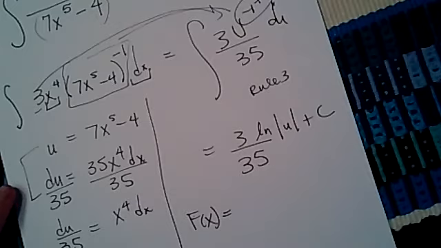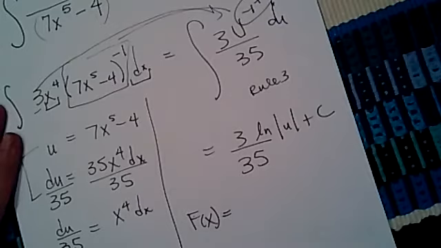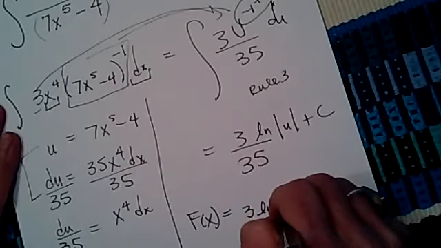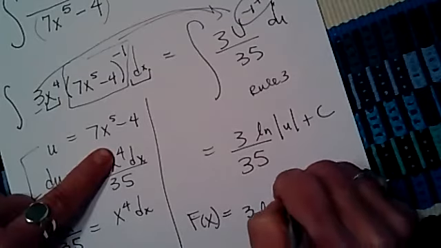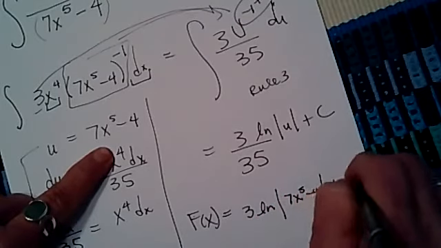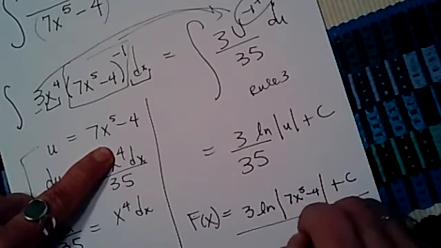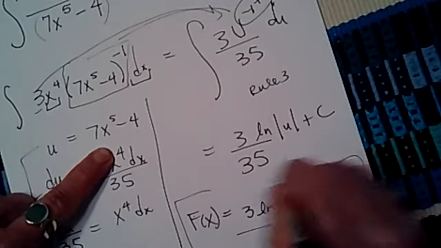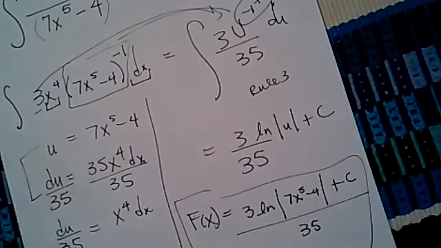So let's put it back in terms of the original variable. That's 3 times the ln of the absolute value of 7x to the 5th minus 4, plus c, all over 35, or you could do it as 3 over 35. It does not matter. All right, so that's an ln problem.